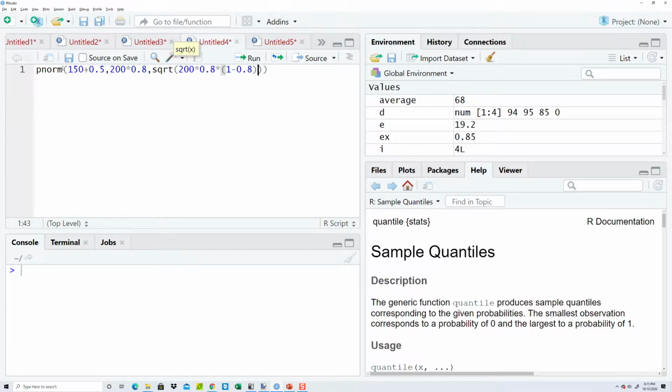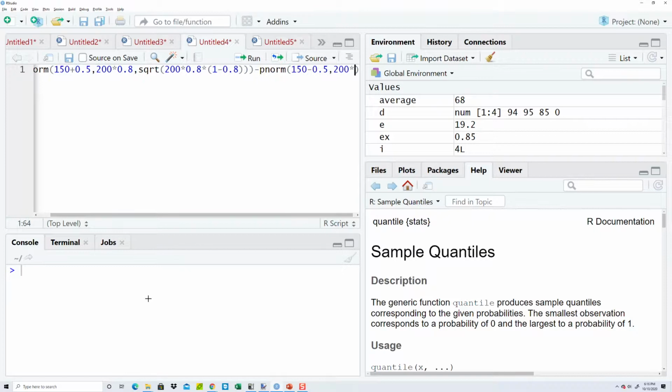You see, I got 1, 2, 3 beginning parentheses, so I got 3 closing ones there. So that's good. Minus pnorm, and this one will be the second line, 150 minus 0.5, comma, 200 times 0.8. I wonder if this will let me put it on a separate line. Square root of 200 times 0.8 times 1 minus 0.8. Let's try that. It might give me an error, but that's okay.